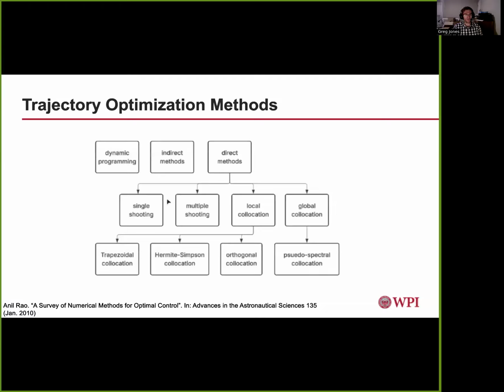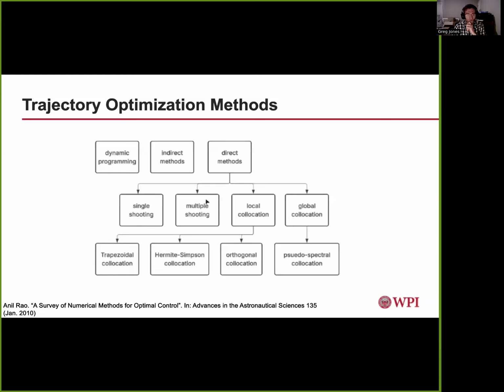And then single shooting uses a single trajectory segment, whereas multiple shooting splits it up into multiple trajectory segments, which actually improves the accuracy of the simulation. However, both methods are still sensitive, their convergence to a solution is sensitive to the initial conditions.